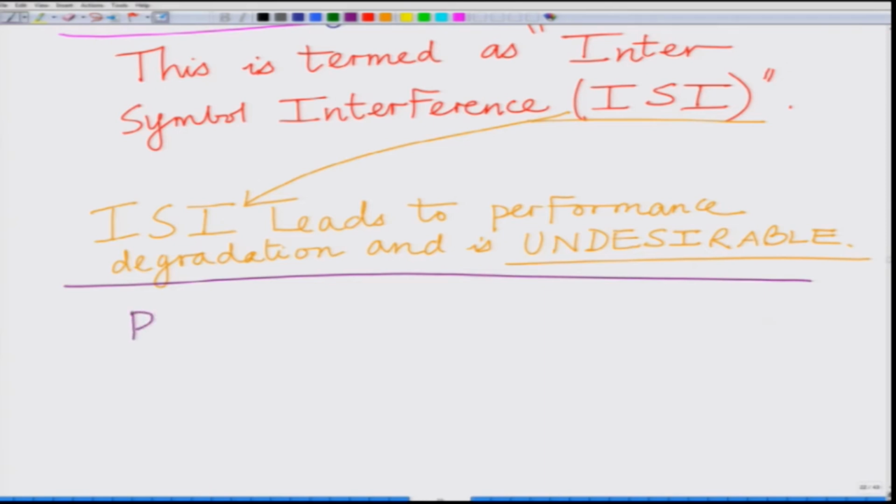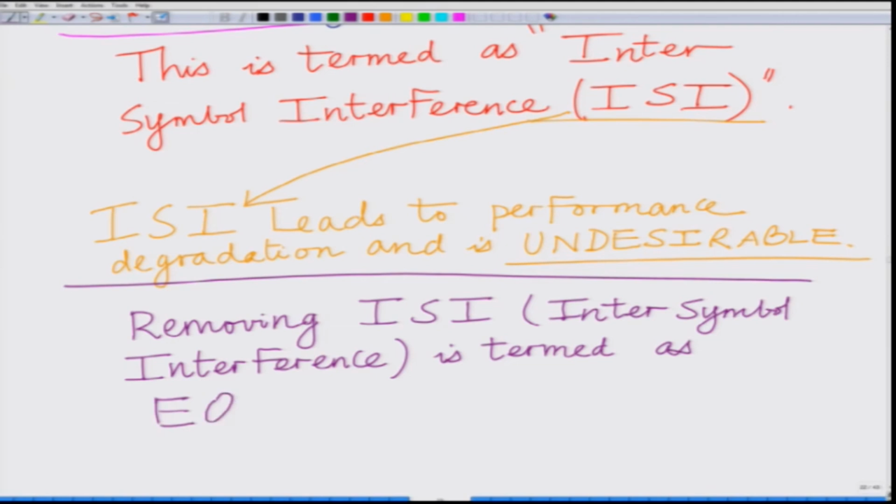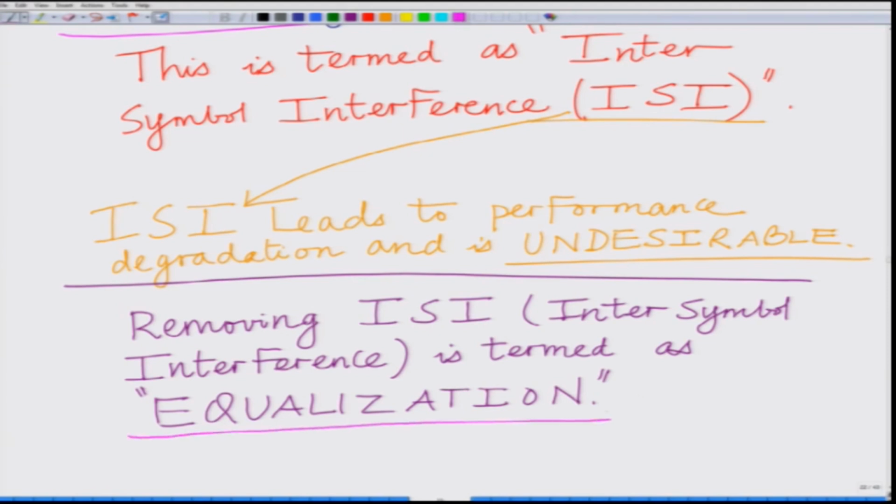Let me write that down: removing intersymbol interference is termed as equalization, correct.